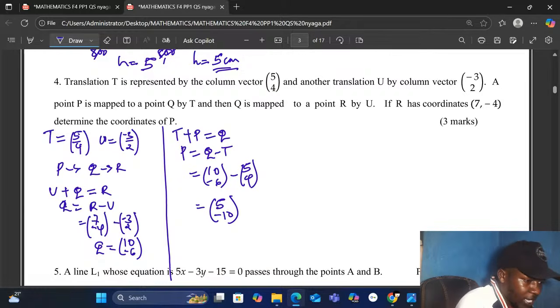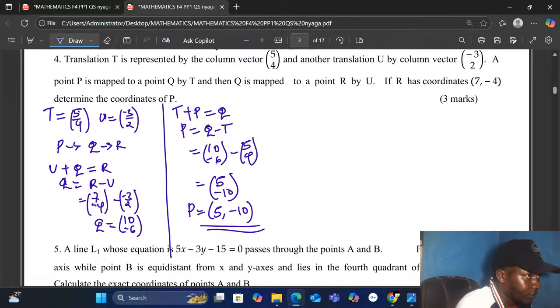The question was asking, if R has the coordinates (7, -4), determine the coordinates of P. So the coordinates of P will be equal to (5, -10). And you get your 3 marks.